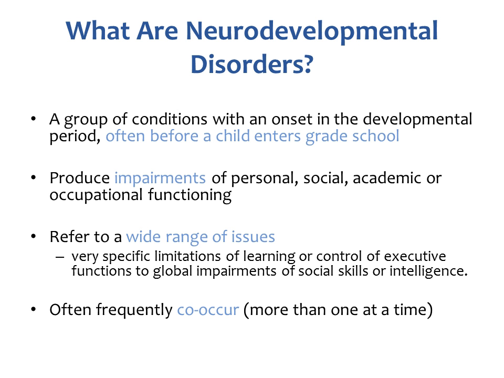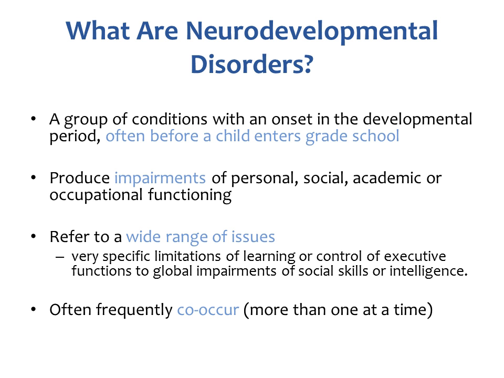And so, as I started to allude to, the neurodevelopmental disorders that we tested for are a group of conditions that have an onset in the developmental period, so often before a child even enters grade school, and they can produce impairments of personal, social, academic, or occupational functioning, and they refer to a wide range of issues.